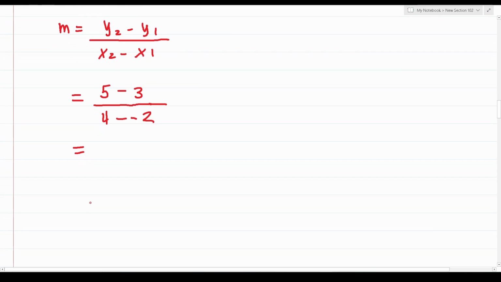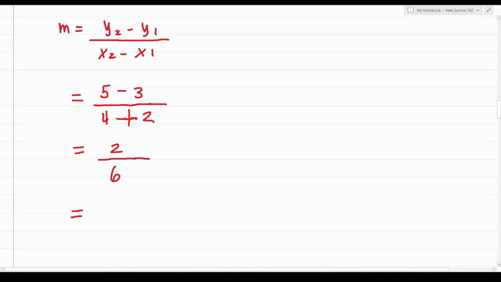Let's keep working this one out. 5 minus 3 is going to be 2, and we have a double negative here. Again, 4 minus negative 2 becomes 4 plus 2. 4 plus 2 is going to be 6. And as always, you need to reduce your fractions as much as possible, including when you're finding the slope of a line.